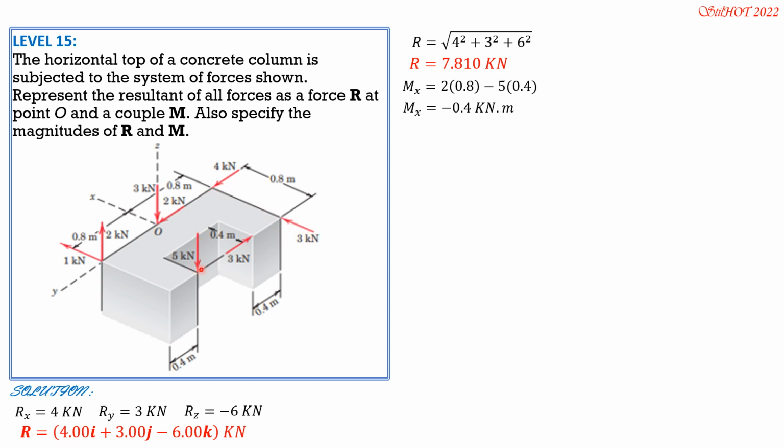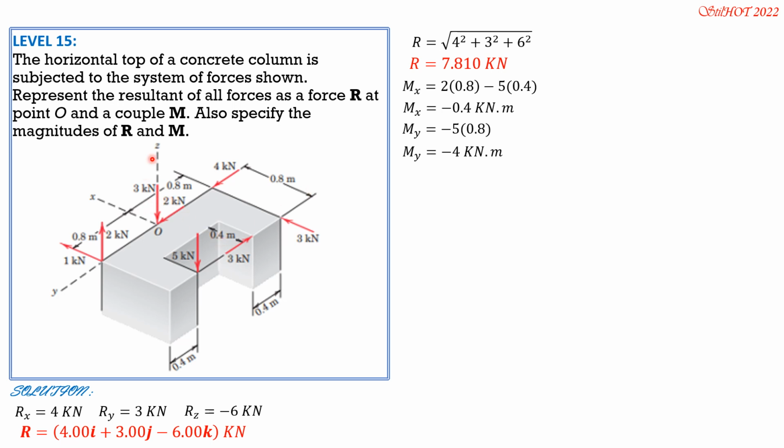So only this force will have moment about OY. And since the positive sense of moment is in that sense, and this is in the opposite sense, so MOY is negative 5 times 0.8. MY is negative 5 times 0.8. So MY is negative 4 kilonewton meter.